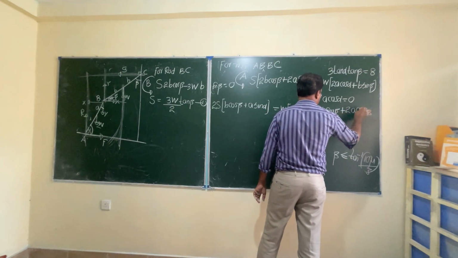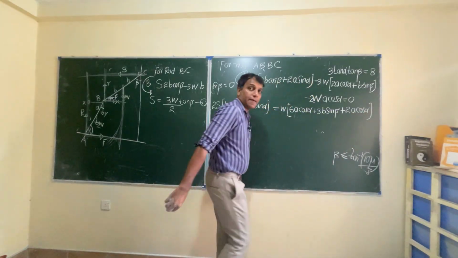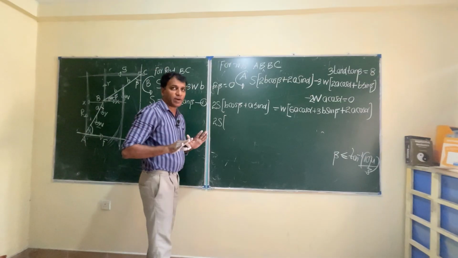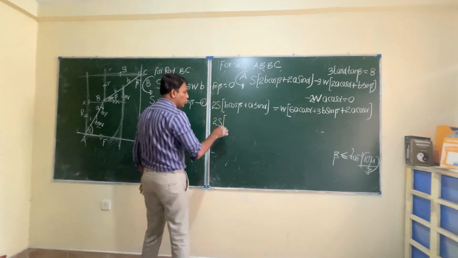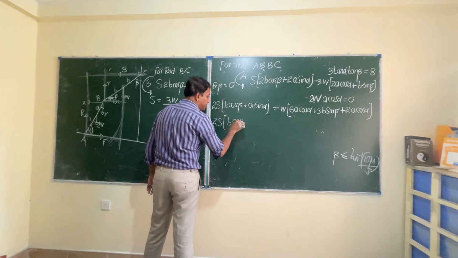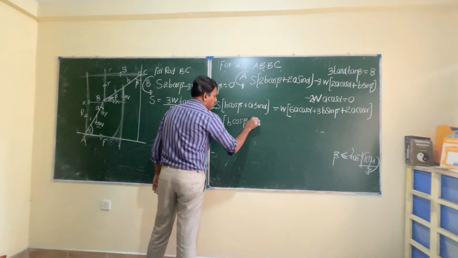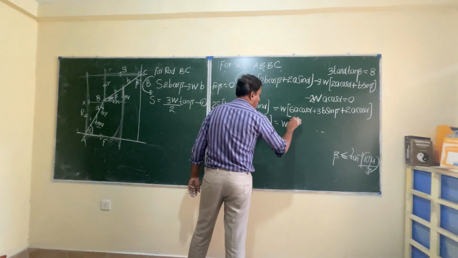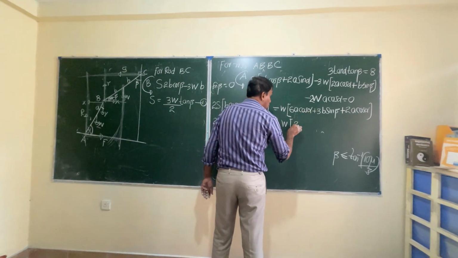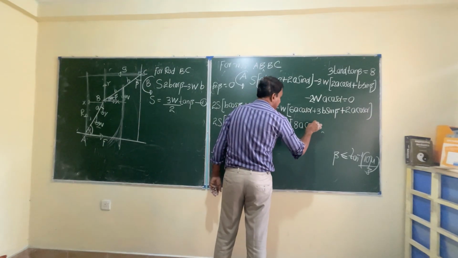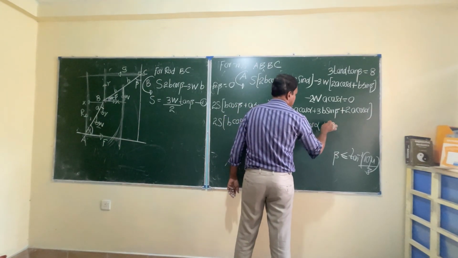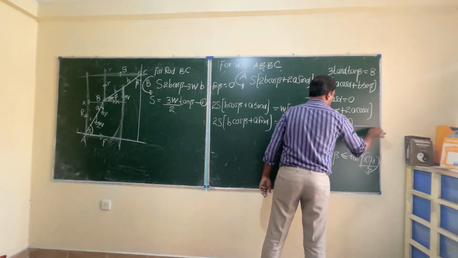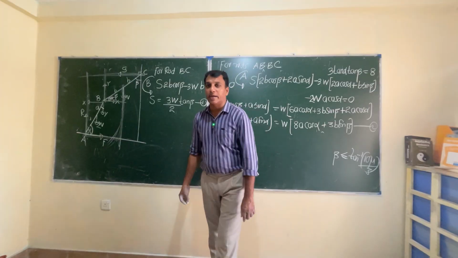Simplify further, pure maths, applied maths done. So S times 2 into b cos beta plus a sin alpha equals W into 8a cos alpha plus 3b sin beta. Say this is number 2, the second equation.